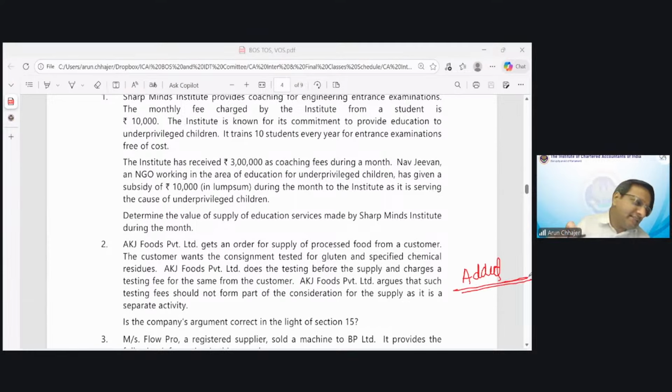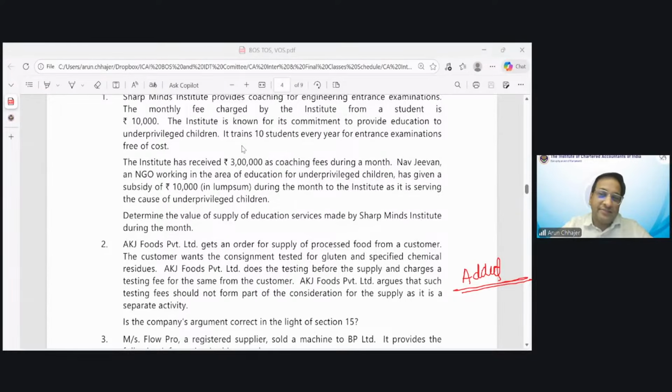What could be the reasoning? What will you give as the reason? Reason क्या होगा? It is not linked to the supply. No. Reasoning क्या होगा?